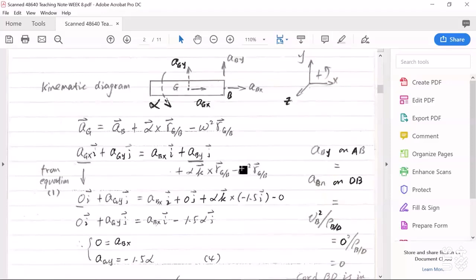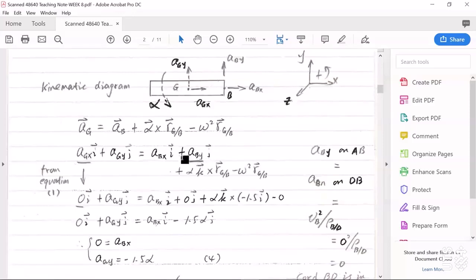Omega is 0. Based on our previous analysis, we know at this instant, velocity of this bar must be 0. So omega should be 0. Alpha, we don't know. ABY, we don't know. ABX, we don't know. So we have too many unknown parameters.